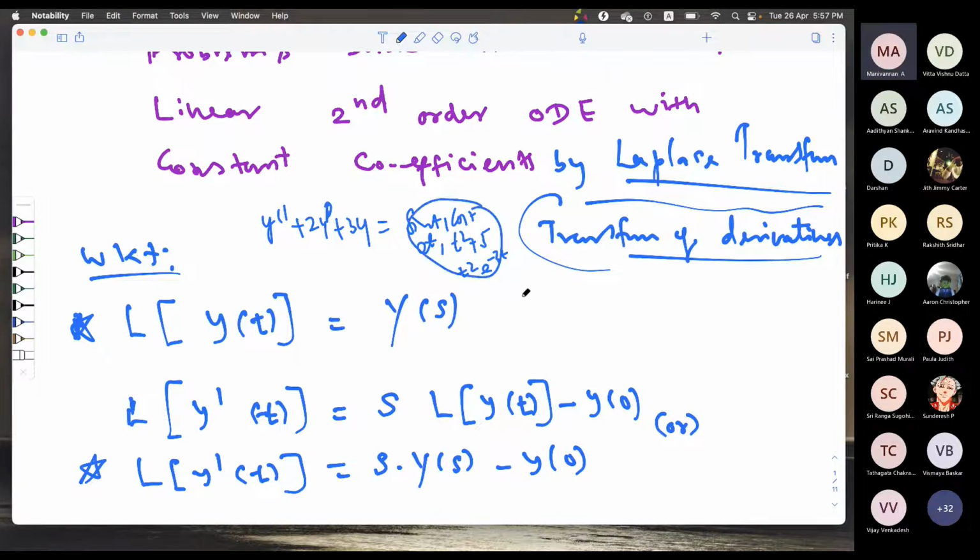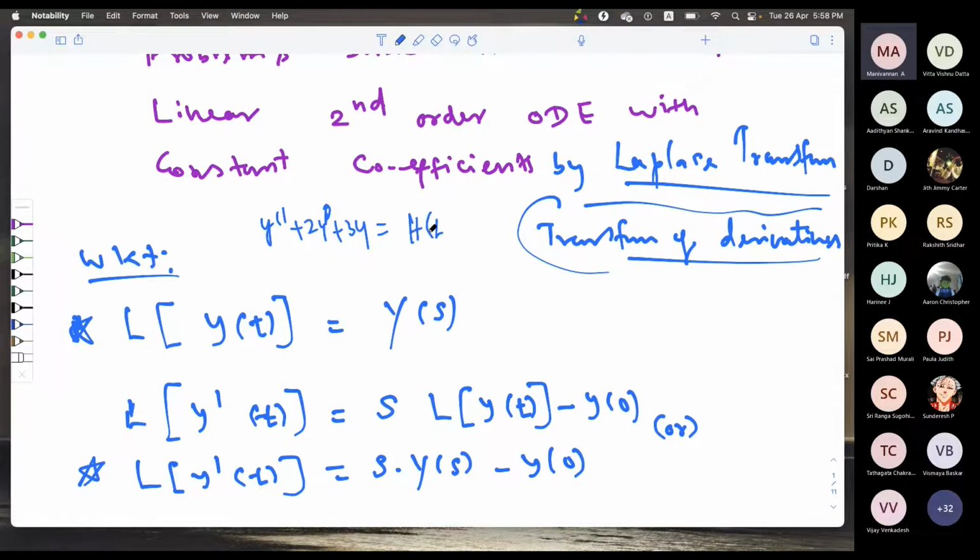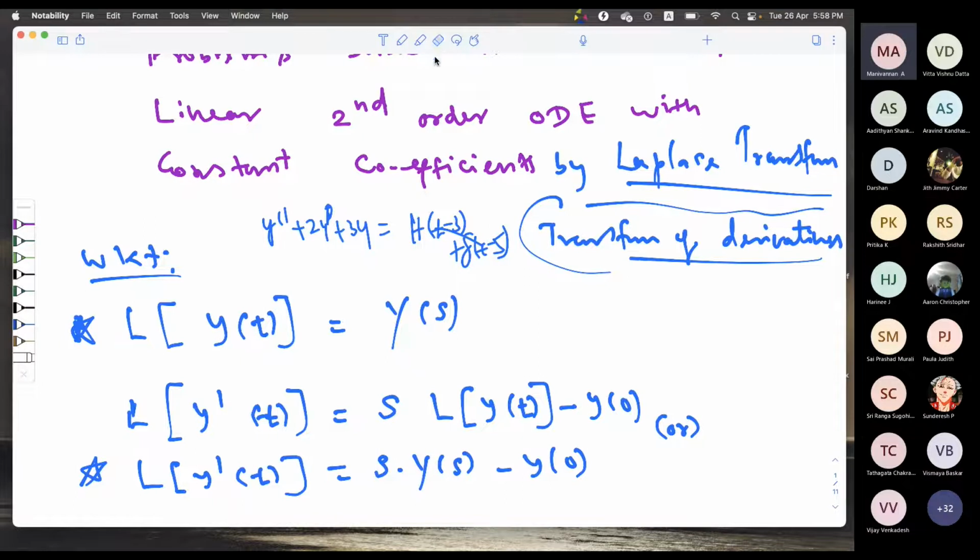This kind of function, and also tan, cosecant, secant, cotangent, can be solved by our method of variation of parameters, and sometimes the method of undetermined coefficients. But suppose a Heaviside function or the Dirac delta function is involved, then how can we solve that problem?